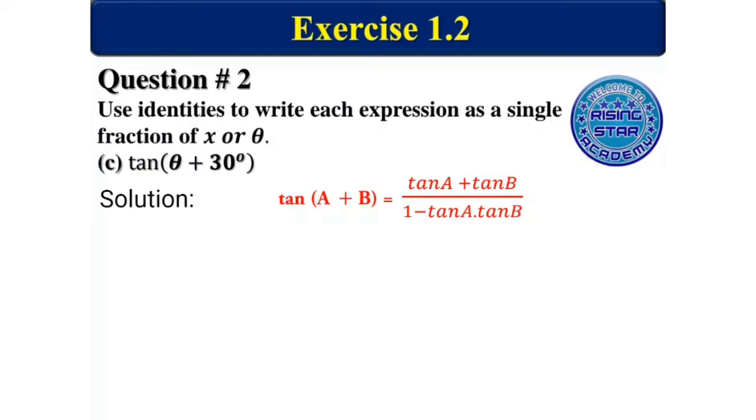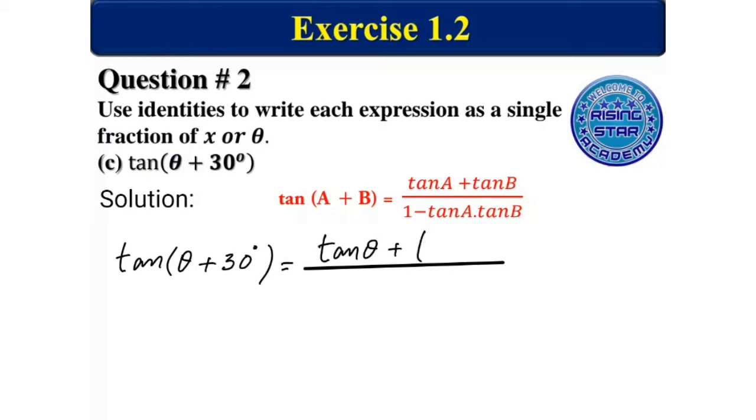So let me write the result: tan of theta plus 30 degrees is equal to tan of theta plus tan of 30 degrees over 1 minus tan of theta into tan of 30 degrees.